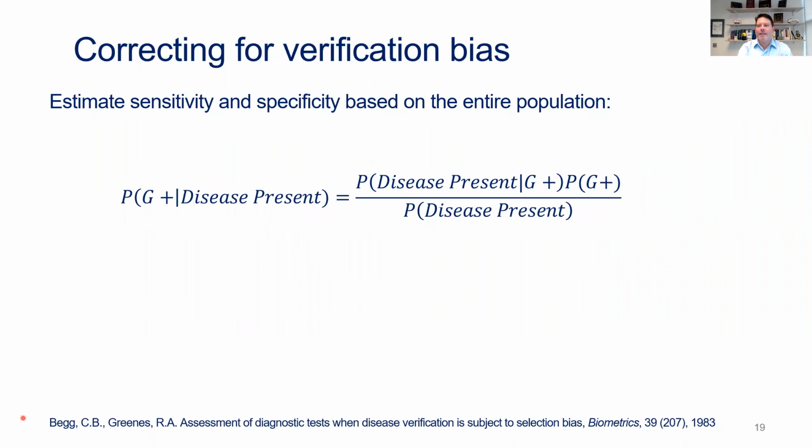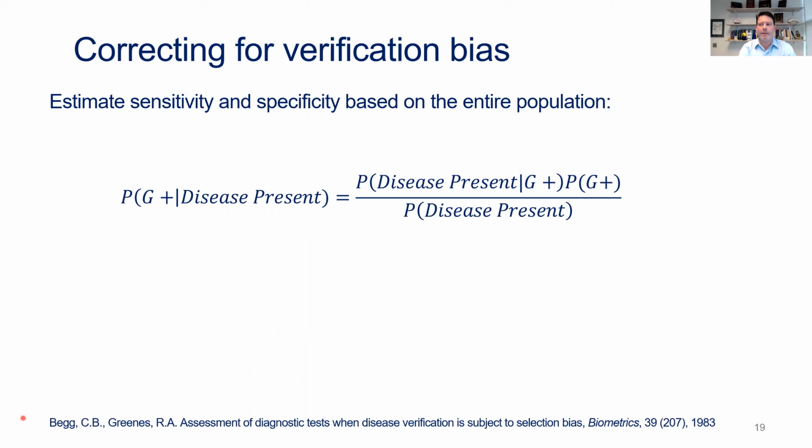Okay, so the sensitivity for the guideline is the probability that the guideline is positive, given that the disease is actually present. Now, if we only compute that based on the patients who have been imaged, then that's a problem. That's going to lead to these spurious results. But if you apply Bayes' theorem, which is the idea that Begg and Greenes demonstrate in their paper, you can start to express this in terms that you can get unbiased estimates for using the entire population.